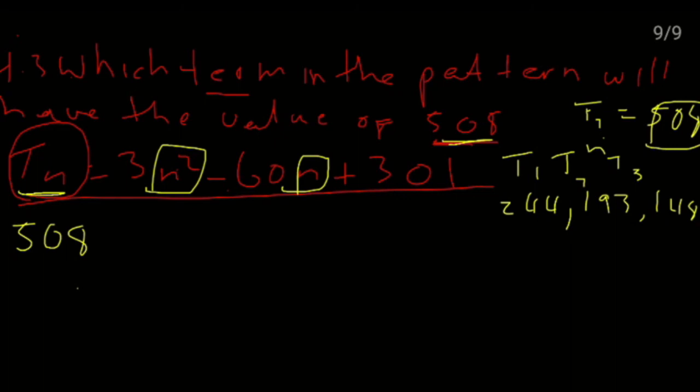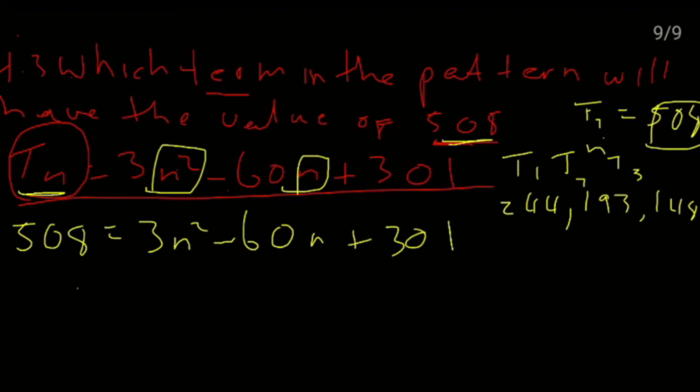So it's 508 equals 3n squared, which is unknown, minus 60n plus 301.